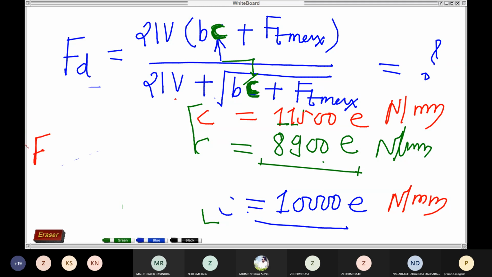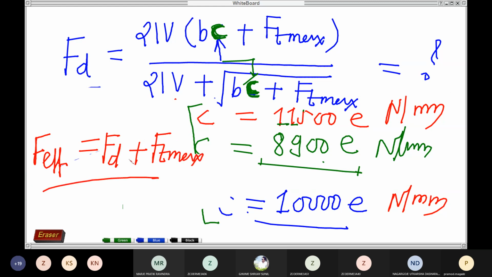If they ask to calculate effective load by using Buckingham's, then I'll write FD plus FT max. You must understand this difference. These are the two equations, and we have to check which effective load they want as per the requirement. These are the two things we have studied according to Buckingham.